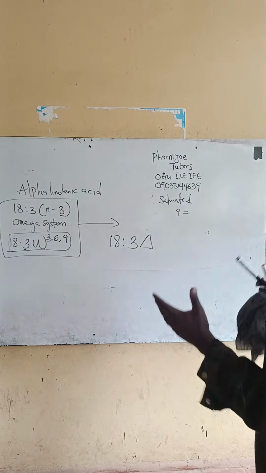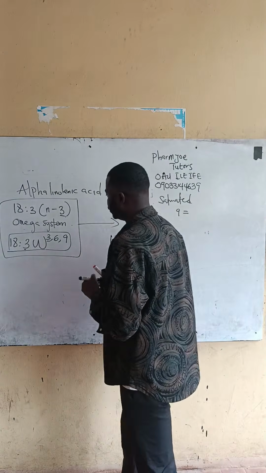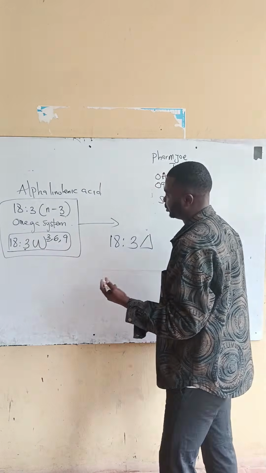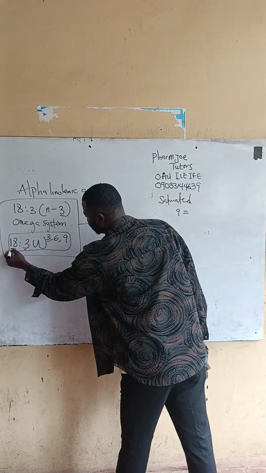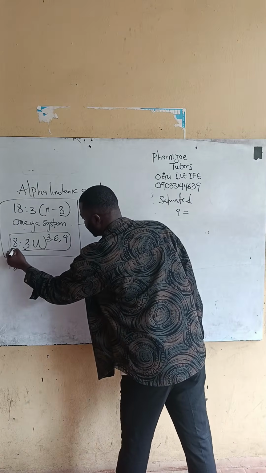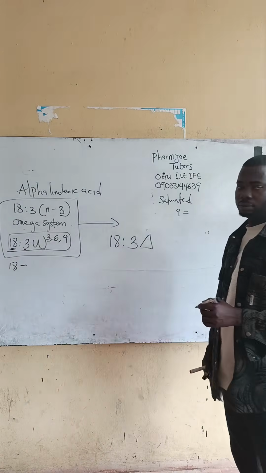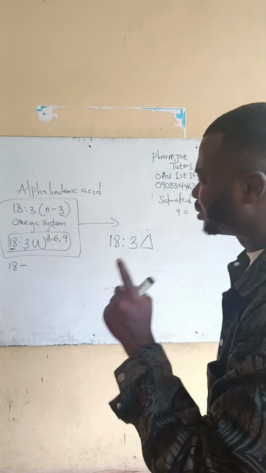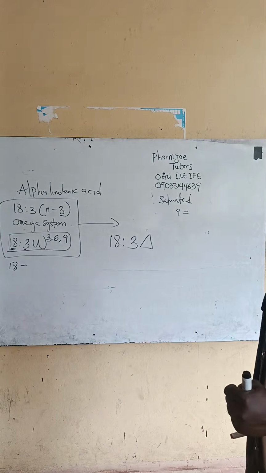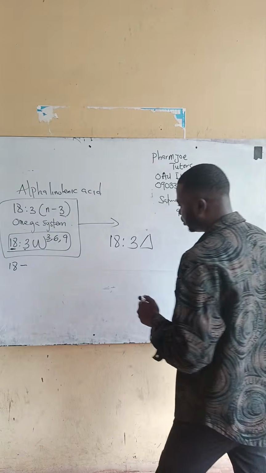Now, how do I translate this information straight to the delta form? Very, very simple. What's our trick? I taught you the trick. The number of carbons here is 18. 18 minus the position of your first double bond. Where is my first double bond, everybody?